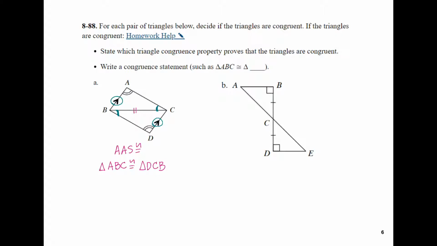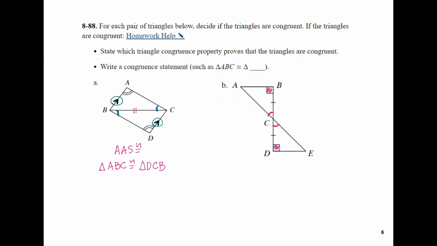Looking at example B, I know that angle ACB and angle ECD are congruent because they are vertical angles. I am given that B is a right angle and D is a right angle. I'm also given that line segment CD is congruent to line segment BC.